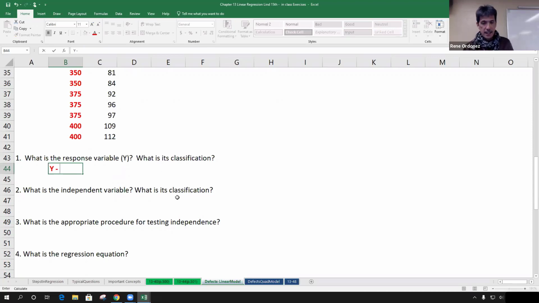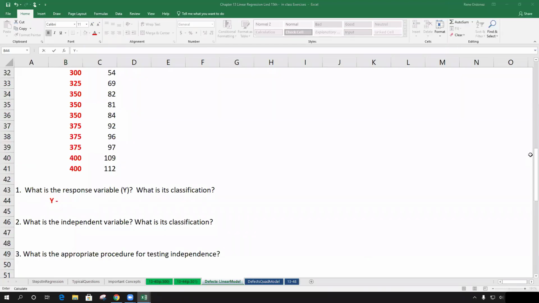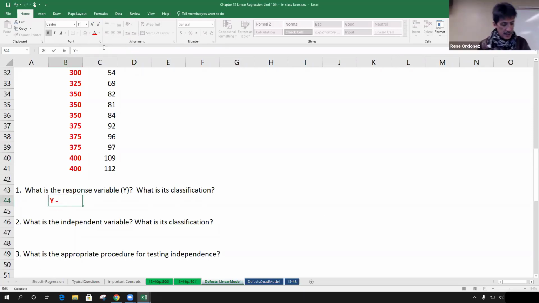What does the production manager want to estimate based on the other variable, which is the independent variable? They're trying to measure the amount of defects. So y, the number of defects. Correct. Number of defective shafts produced, and that would be quantitative.